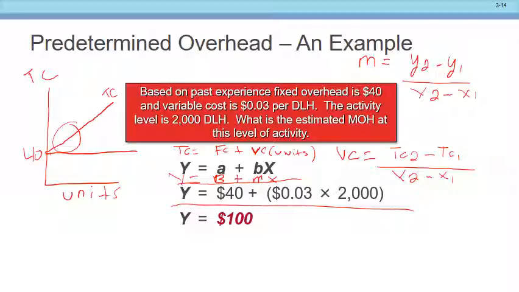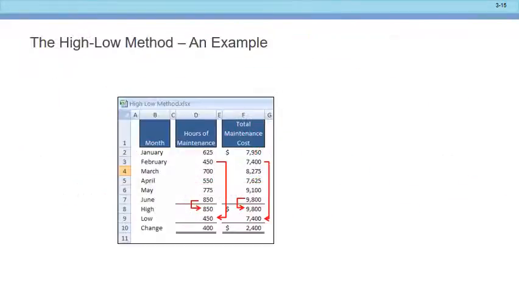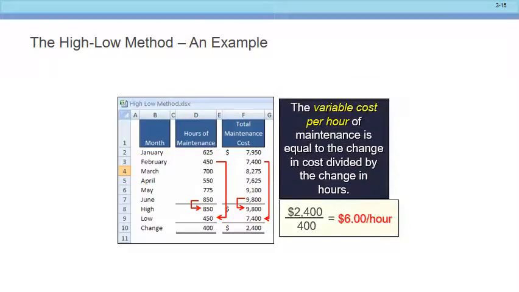Okay. Now, there are software programs that can make that line for us. Since the costs will not line up perfectly along that line, we're going to use regression analysis and ask the software to estimate a line that fits around where those observations are.